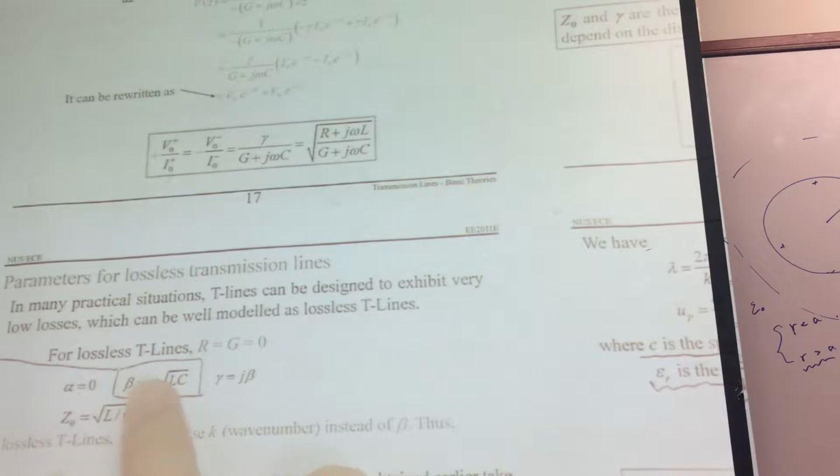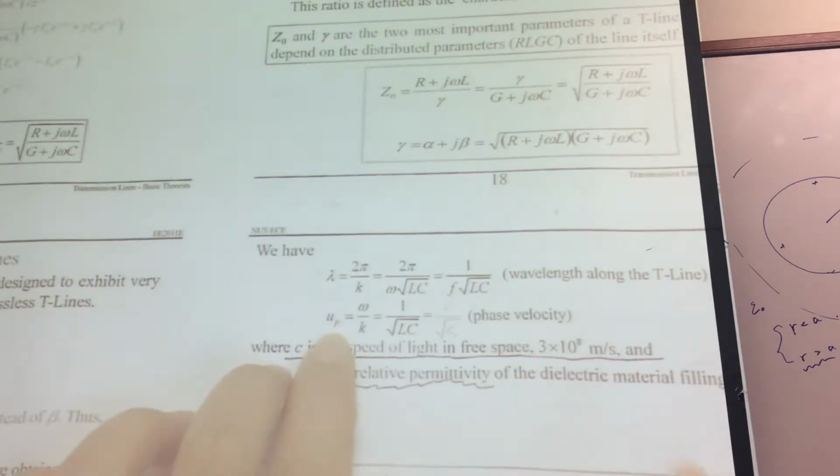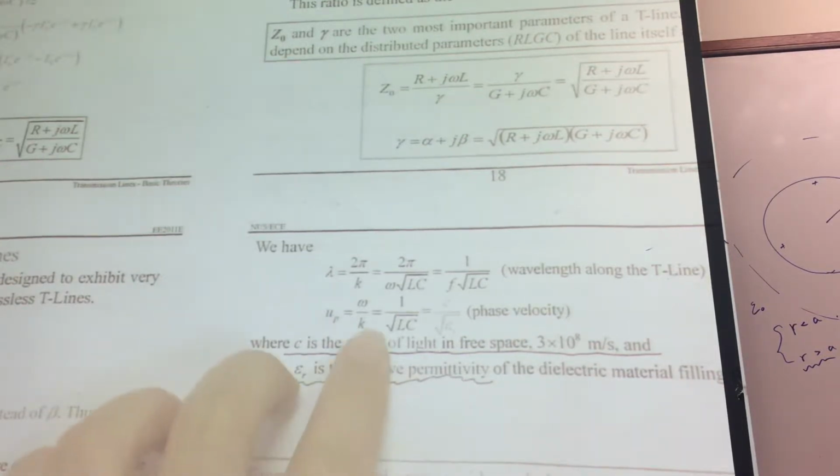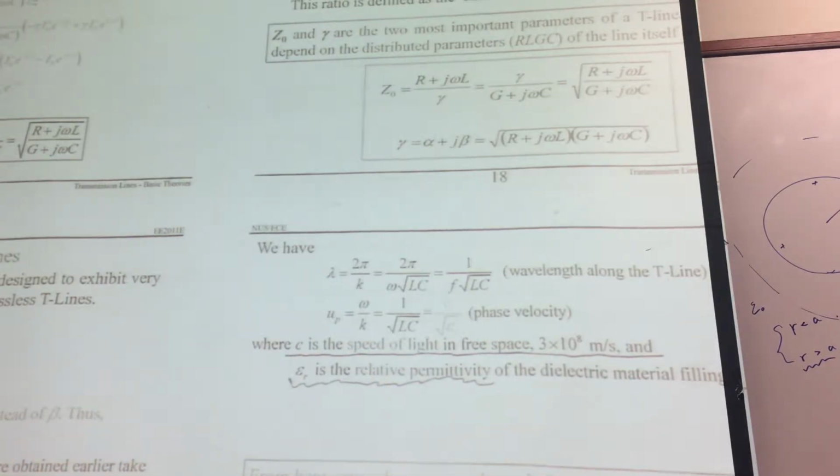And we want to calculate beta, that is this equation. Okay? So U is the phase velocity. Phase velocity is omega over K. So these are basically the formulas. I go through very quickly, but they are very important and you might use them. Right? And epsilon R is the relative permittivity of the dielectric material.